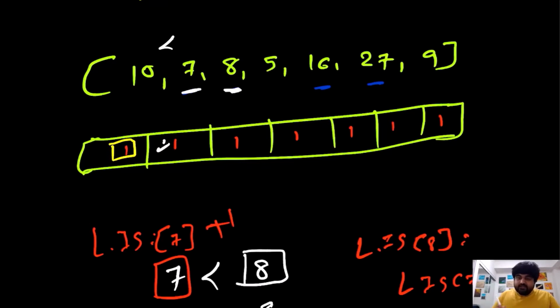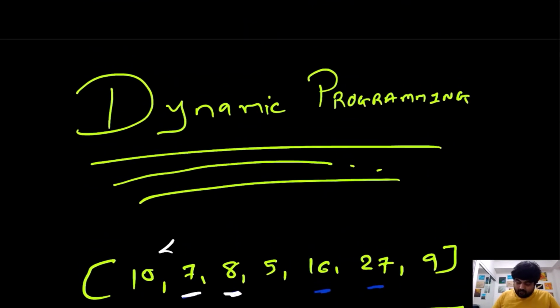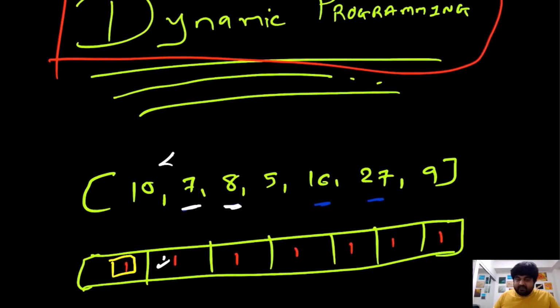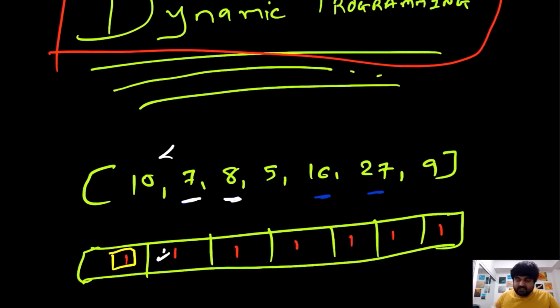So this is one way we can determine that this problem should be solved using dynamic programming, because if we just look at the problem, we understand that we need to find the longest increasing substring, which means that we need to keep track of whatever we have calculated so far in the past, and using those results we make decisions on whether we want to keep the current value or ignore it.